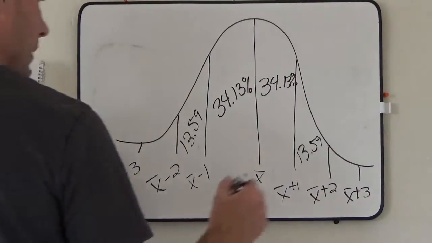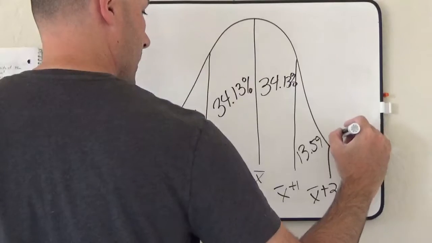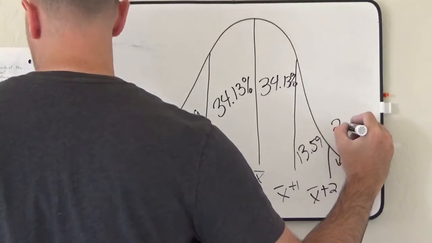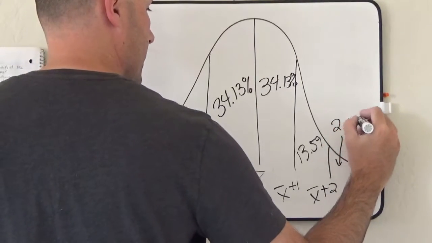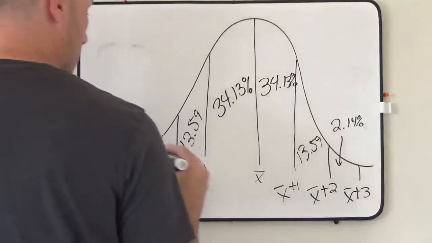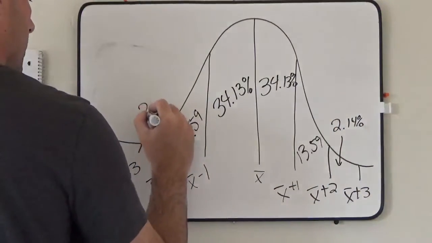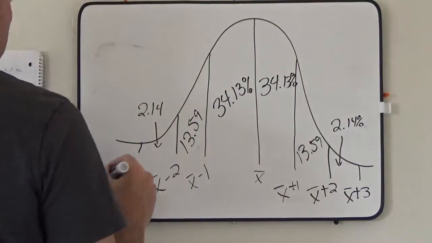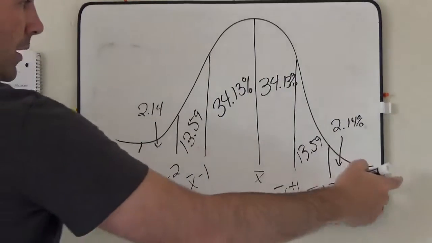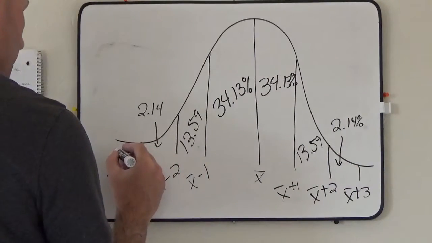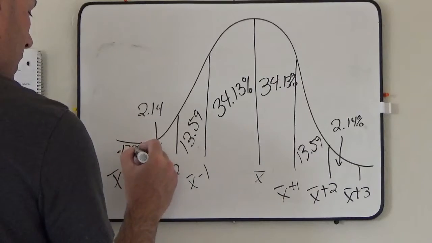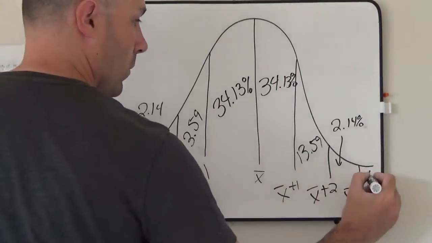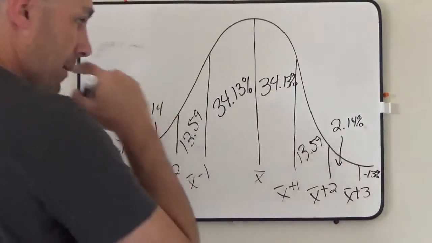That number there, I'm going to draw a line here, is 2.14%. And this one here is also 2.14. And then finally, this all has to add up to be 100%. So this one's 0.13%, and this one's 0.13%. Okay?